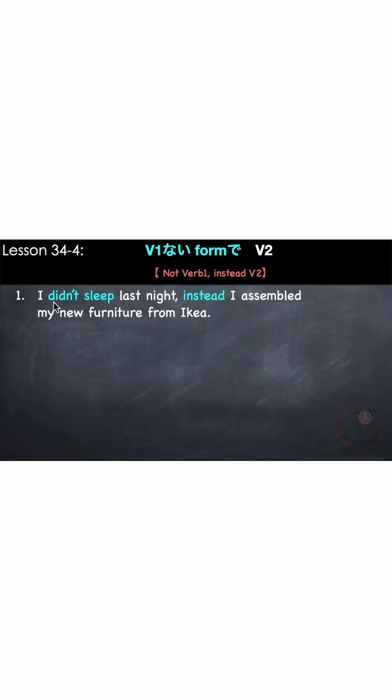For example, I didn't sleep last night. Instead, I assembled my new furniture from IKEA. So our two verbs are didn't sleep or sleep, which is 寝ます, and assemble, 組み立てます. So let's make this into our sentence. In nai form, 寝ます is 寝ない, so 寝ないで.